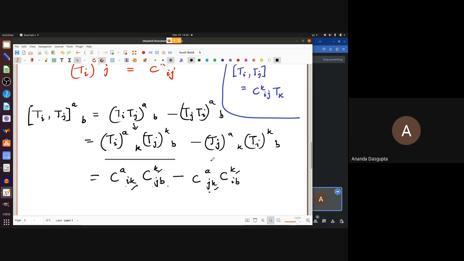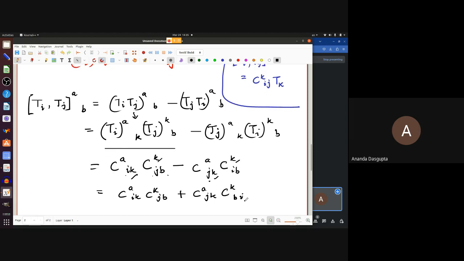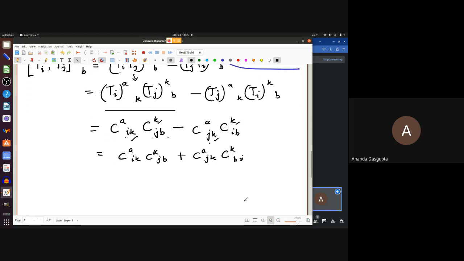But to use the Jacobi identity, you have to change the last term to CKBI. Well, it will be a plus anyway, but that's easy. CKBI. That gives you IJB, JBI, two terms in a cyclic permutation. So obviously, this is given by C minus C. The third permutation will be BIJ, right?